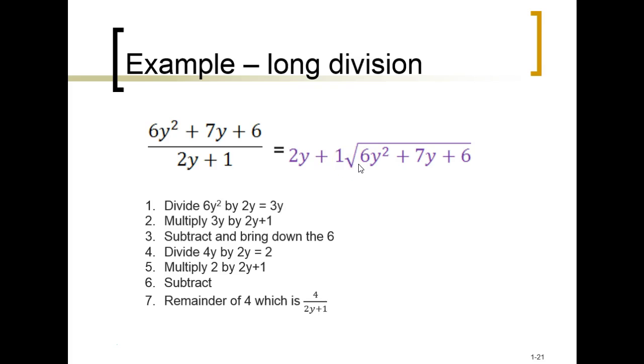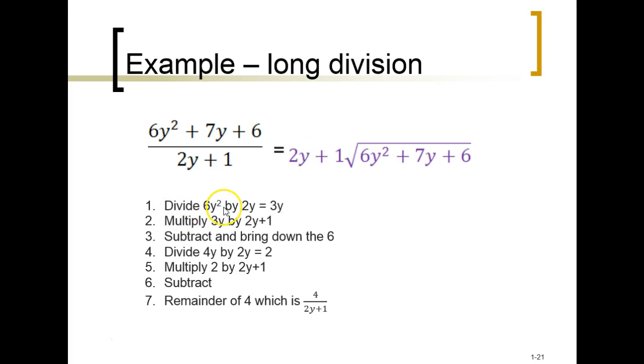All right, now we are going to take this polynomial. It is getting divided by this polynomial. Maybe perhaps because we're looking for roots of the polynomial. Okay. And the way to do that is focus on the first term in each polynomial, 6y squared and the 2y.